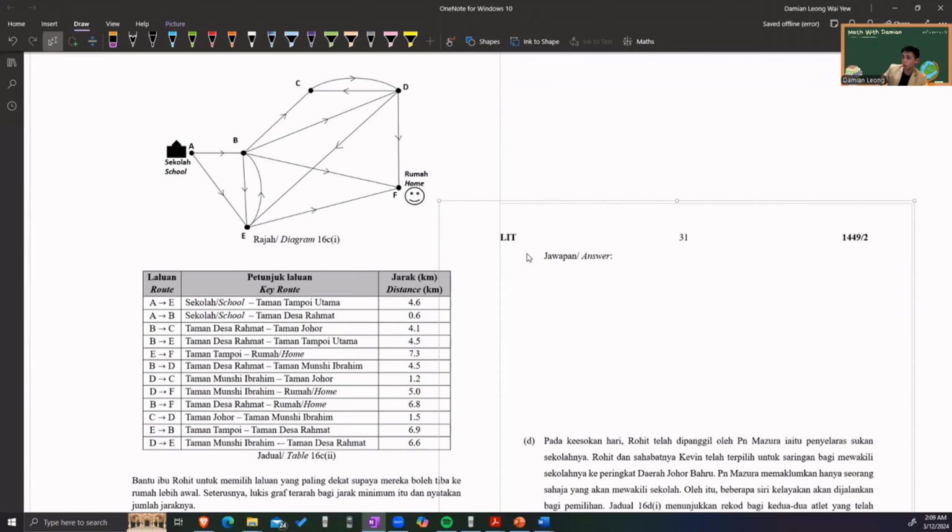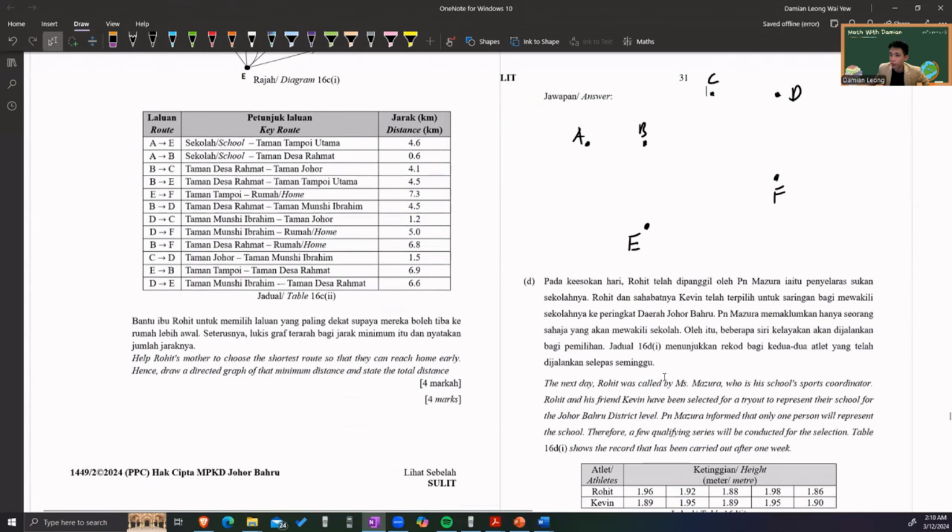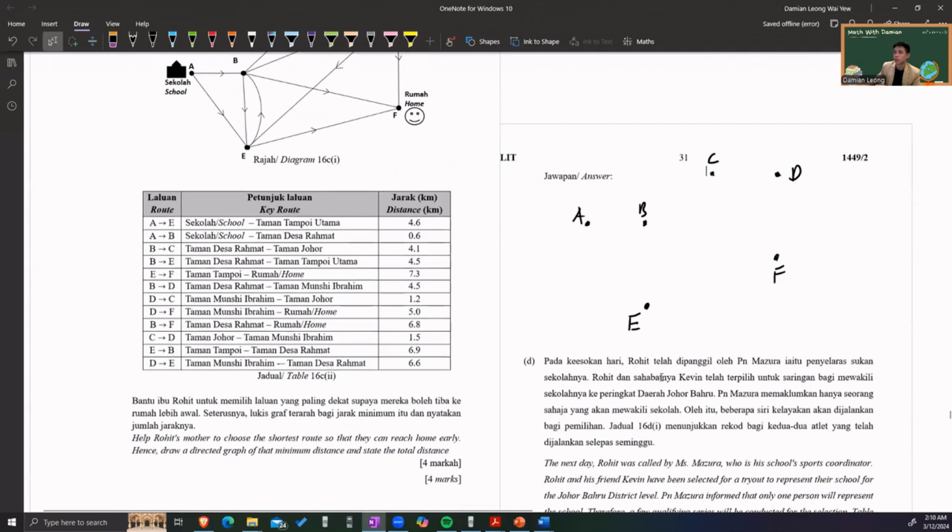A, which is the school, B, E, F, which is the home, then the C and D. Okay, I want a directed graph with minimum distance and then state the total distance. So, directed graph with minimum total distance.